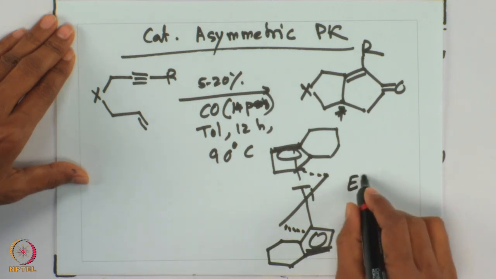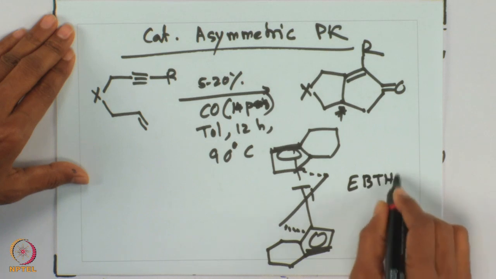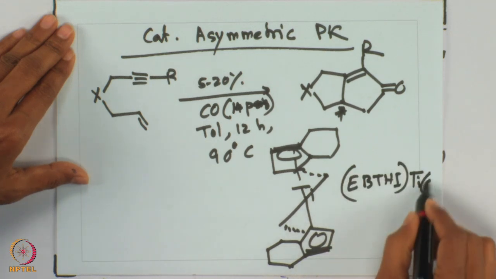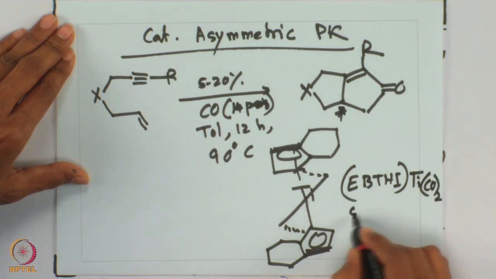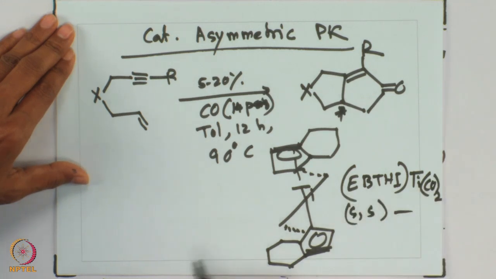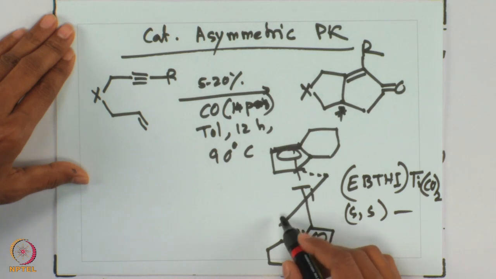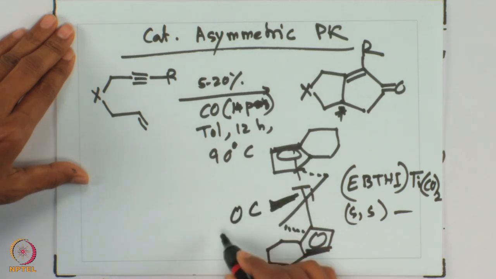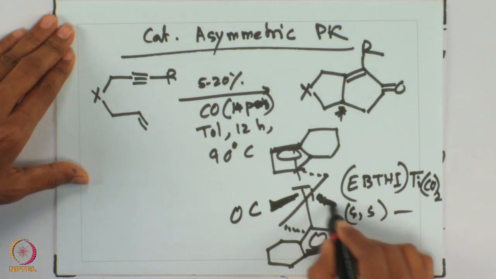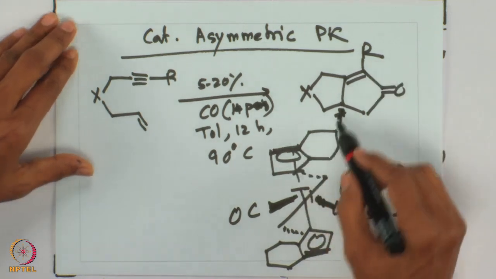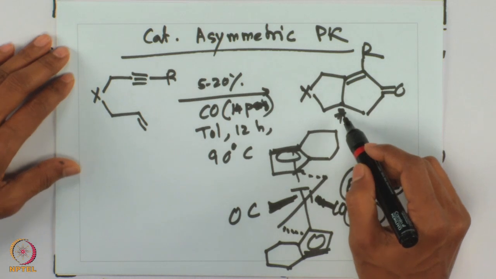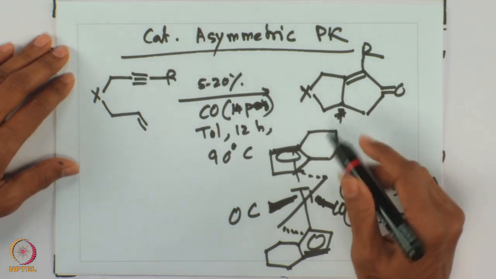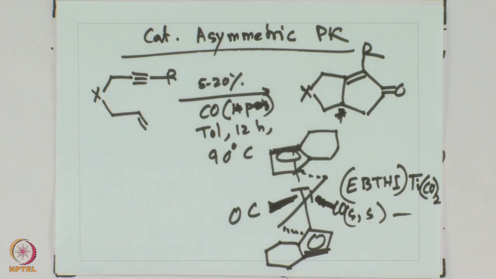So, this is EBTHI, that is how they abbreviate titanium dicarbonyl species. This is SS version of it, and this is giving the product quite efficiently as we mentioned, and we get the asymmetric center generated in a very high EE, something like greater than 90% EE for most of these cases.